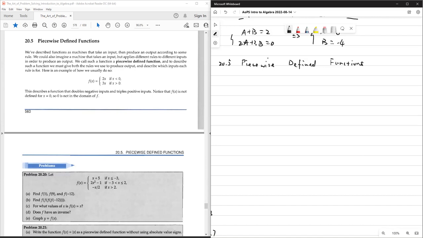What it means is the functional form is different depending on the value of x. We describe a function as a machine that takes an input and outputs according to some rule. Imagine it takes an input but applies different rules to different inputs in order to produce an output. We can call this a piecewise defined function.